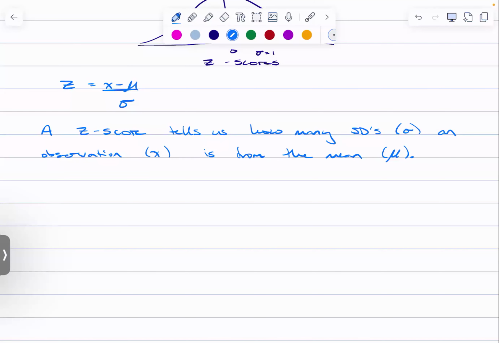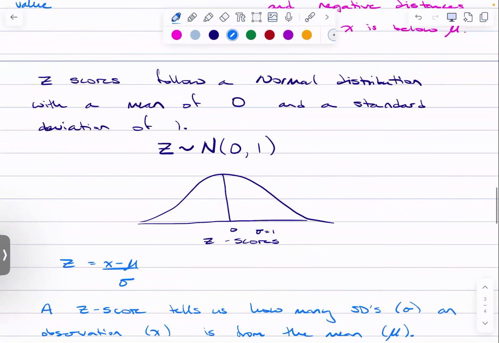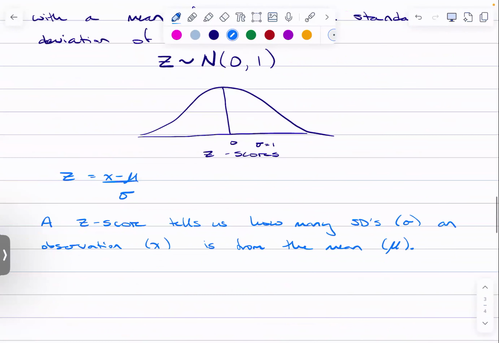Like we saw, right? We already said that if I'm above the mean, then I get positive distances, which is going to be reflected in the Z, because X minus mu is either positive or negative, right? Reflecting if you're above or below the mean. Sigma has to be positive. You can't have a negative spread, right? And so sigma is always positive.